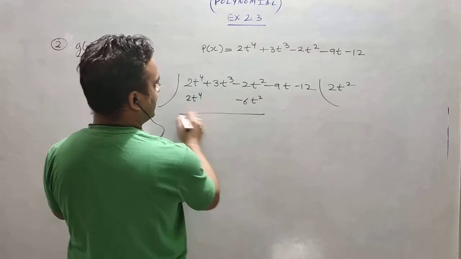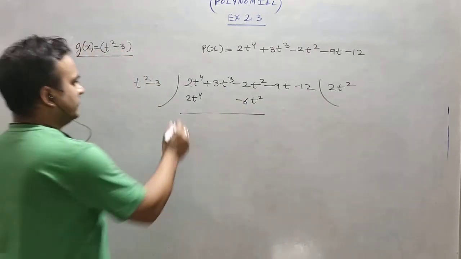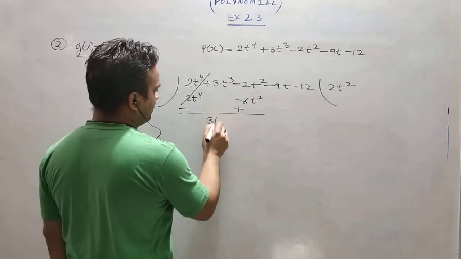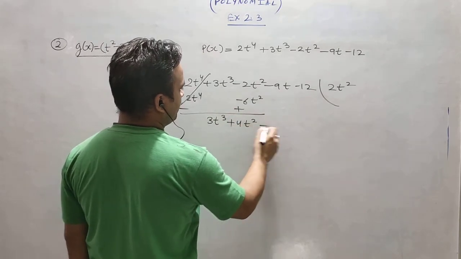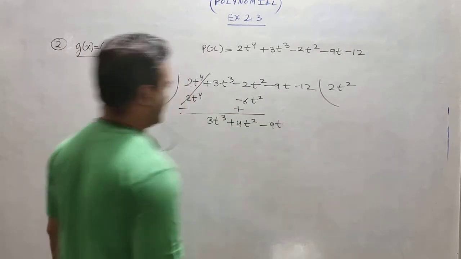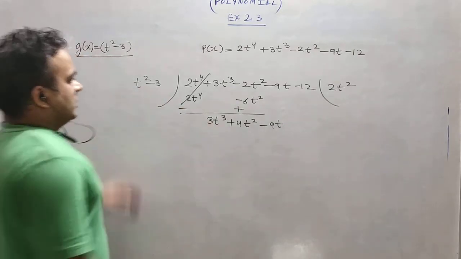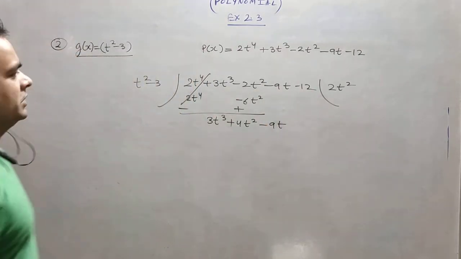You can see here t square is here, there is no t cube term coming, so we will leave it, that's fine, cancel. So what is left, 3t cube, it is 4t square, and minus 90 I am taking here, but there is no need because we will get two terms every time, so we are leaving it. Okay, we will take it because sometimes there is a requirement.